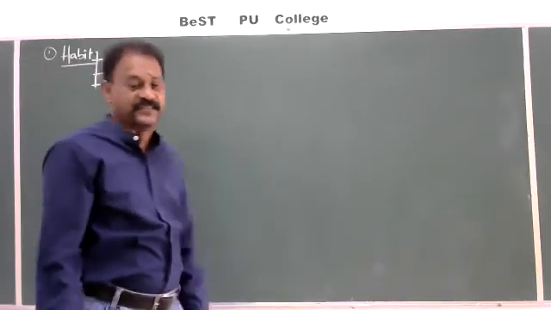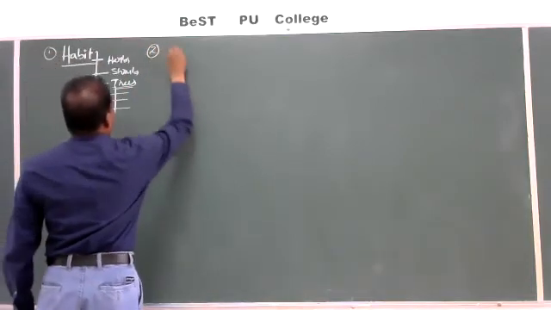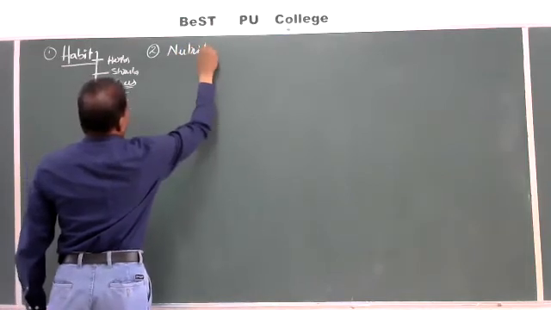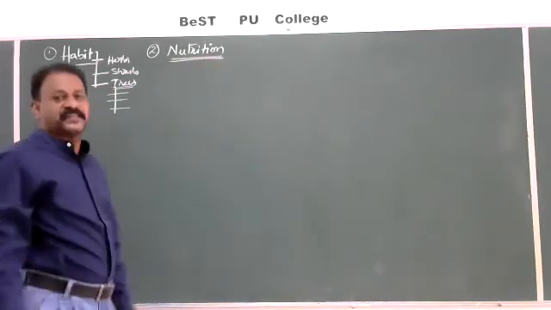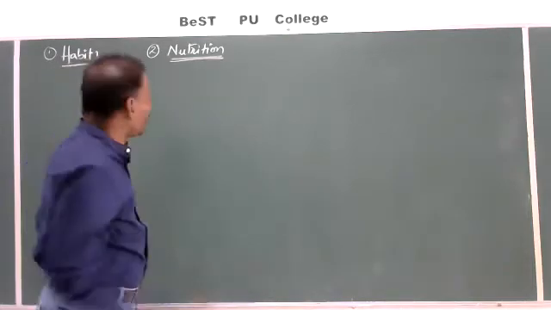and absence of branching. After that, we have seen classification based on nutrition. Nutrition means the food material taken by the plant. So here, based upon their nutrition, plants are classified into two basic types.